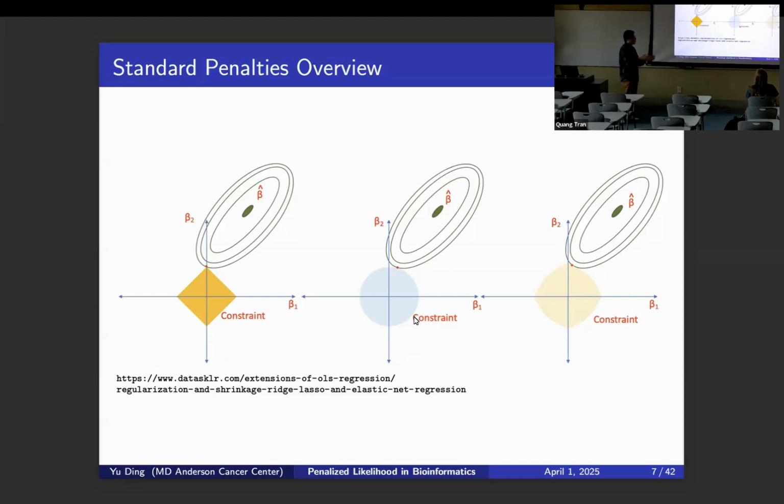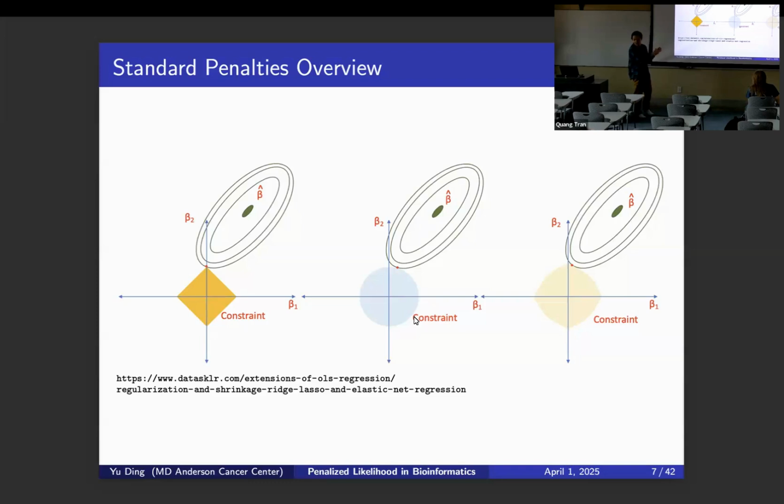Okay, looking at these plots first, the very left one represents the lasso regression, the middle one represents the ridge regression or ridge penalty, and the right one represents the elastic net. The shape of the colored part of these three plots is quite different.